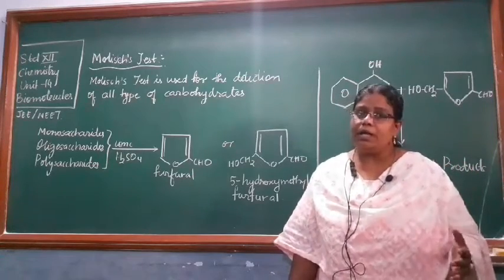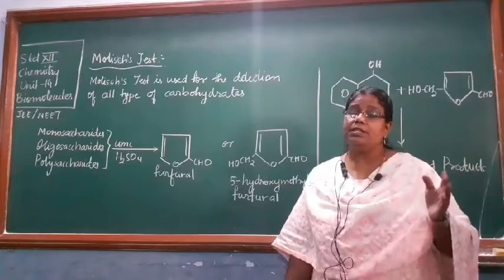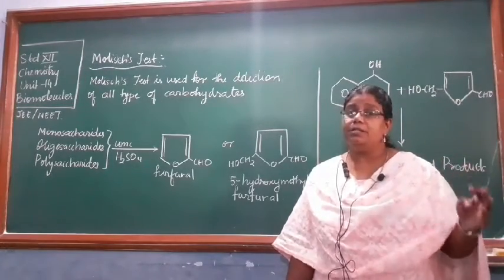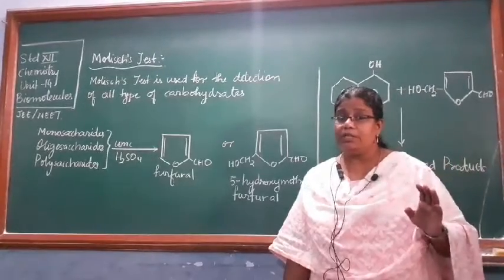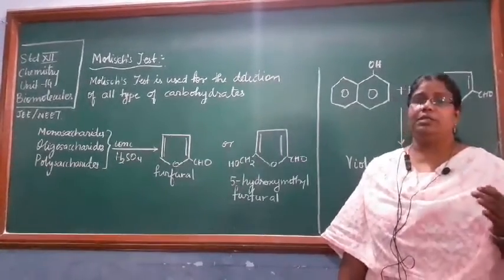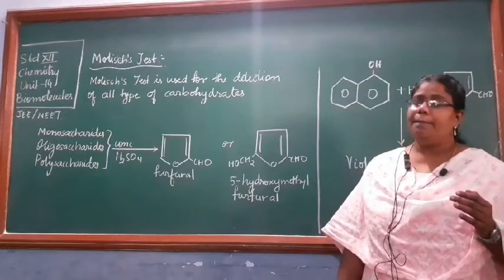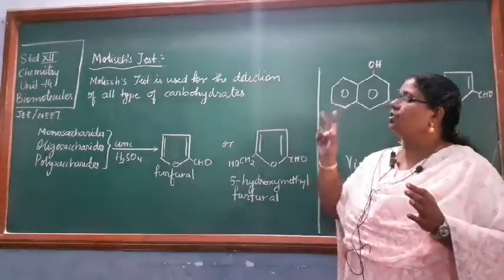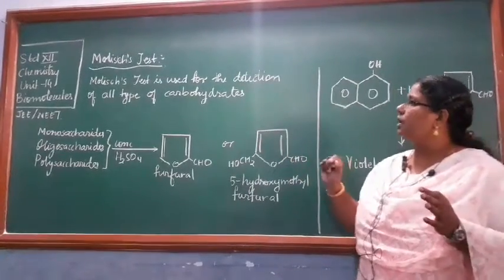Now, this Molisch test is given by all the different types of carbohydrates. That is, monosaccharides, oligosaccharides and even polysaccharides all give the Molisch test. So, this test is used for detection of all the different types of carbohydrate.